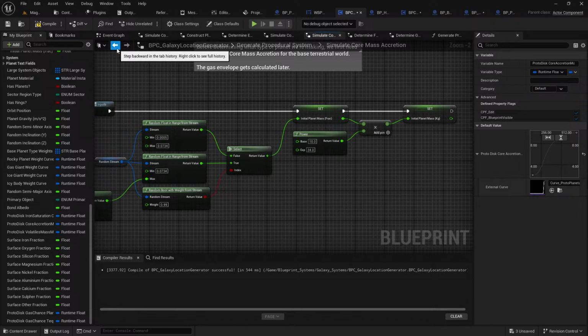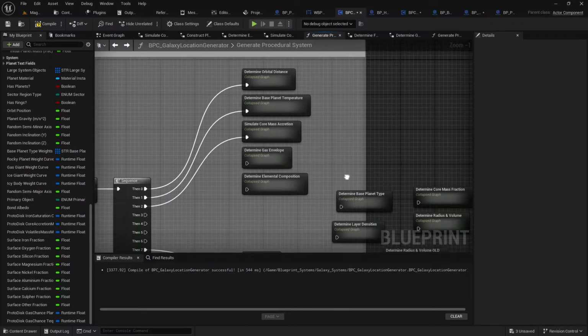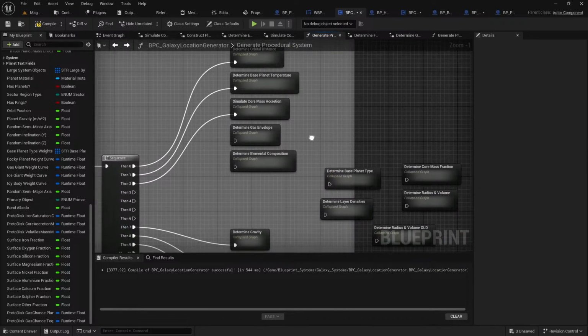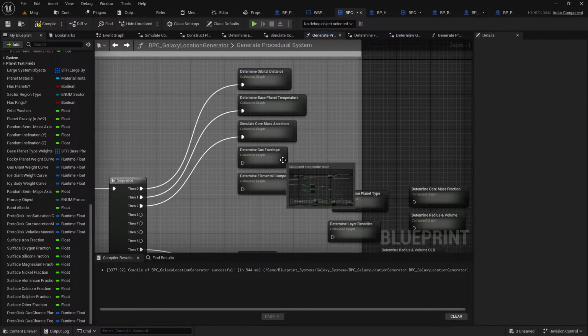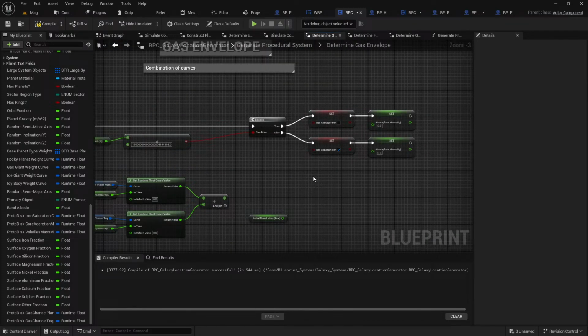Now, obviously, for a terrestrial planet, that will end up being the actual mass. For a gas giant, that's literally just the core of the gas giant. And I've tried a few different approaches to this, and I think the most logical step is to then define the gas envelope, which really is just telling us whether or not it's going to be a gas giant.